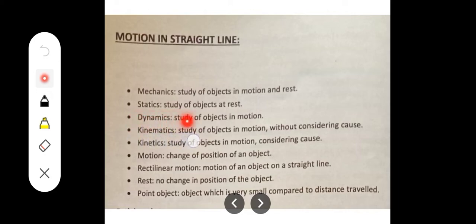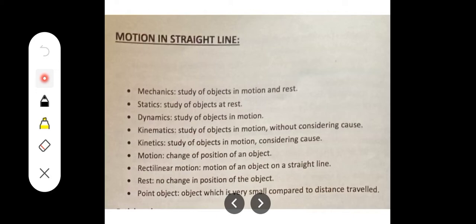Then dynamics is the study of objects in motion. If an object is moving, if you want to study about that particular branch of physics, it is called dynamics. Then the word kinematics. Kinematics is the study of objects in motion without considering cause.